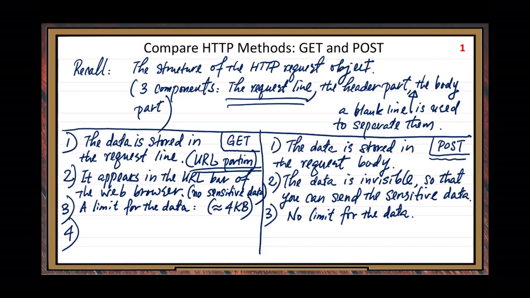We call these the query parameters, and they appear as part of the URL displayed in the URL bar. For that property, the result is that you can bookmark.